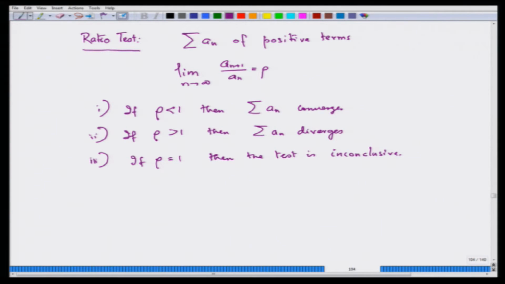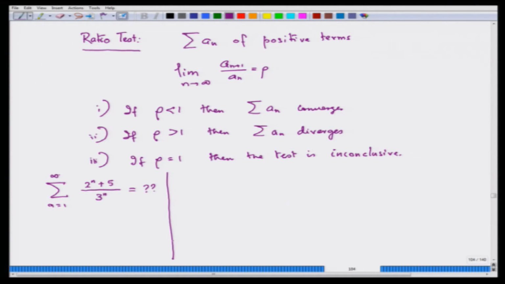So, let us try out an example that will show us using this test that this is an effective test. You are asking for a sum of this or whether it converges.